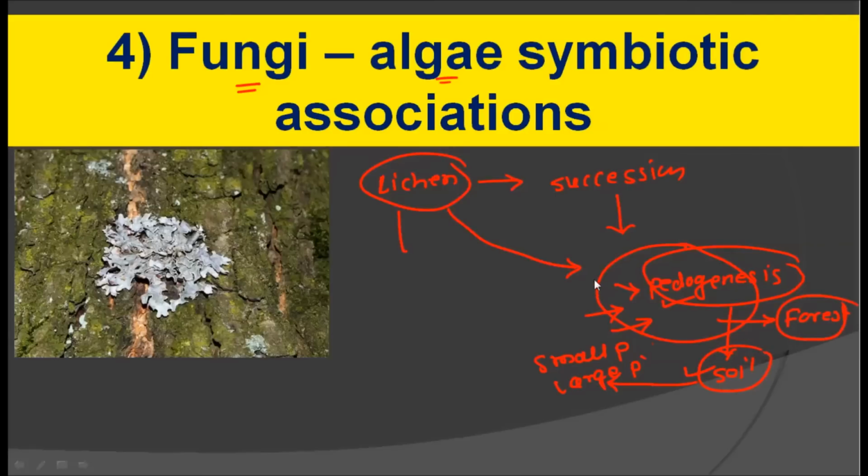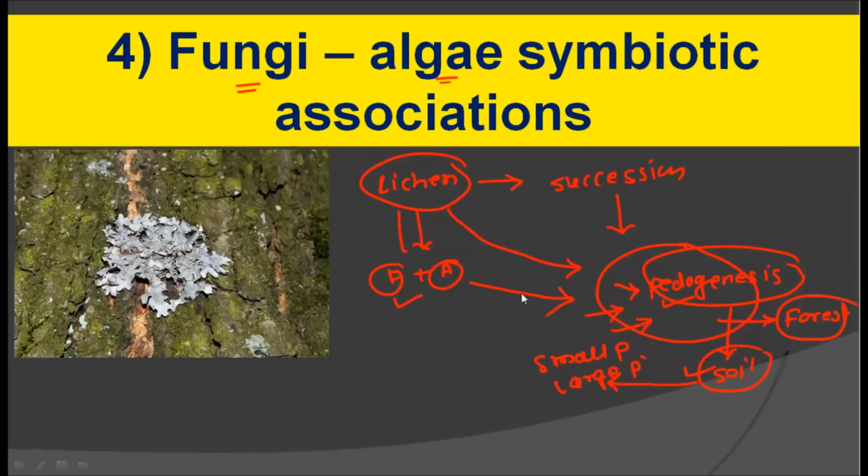All right. So the beginning of this process of ecological succession started with the lichen, and lichen is nothing but the combination of fungi plus algae. Fungi play a very important role in the association, and as a consequence, they create the soil, which in turn converts the lifeless barren land into the forest.